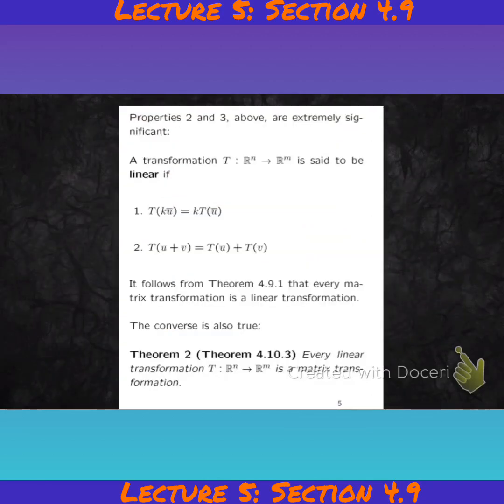Okay, so a transformation from Rn to Rm is said to be linear if it has the following properties. If you let T act on a scalar multiple of the vector, then that's the same as letting T act on the vector itself and then multiplying that with a scalar k.